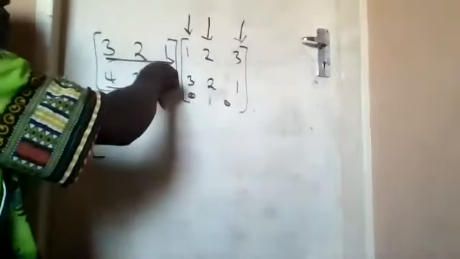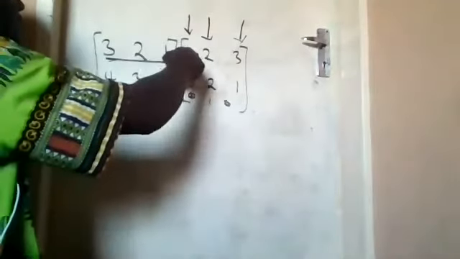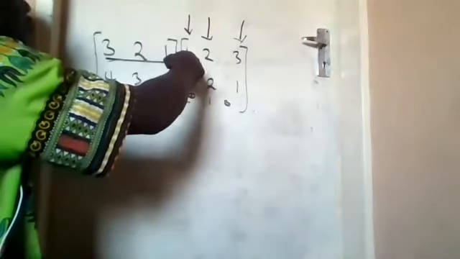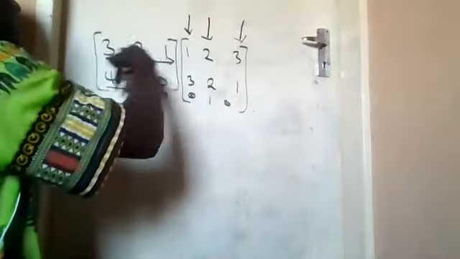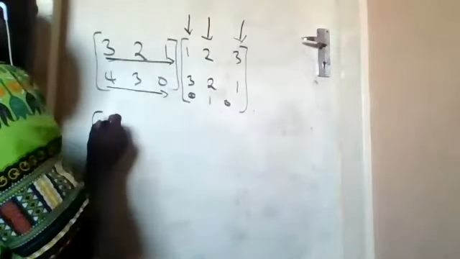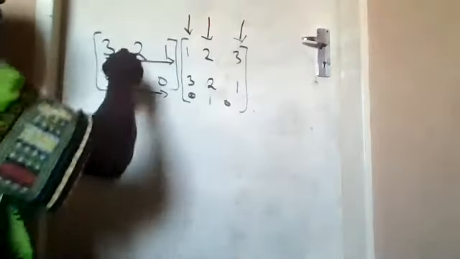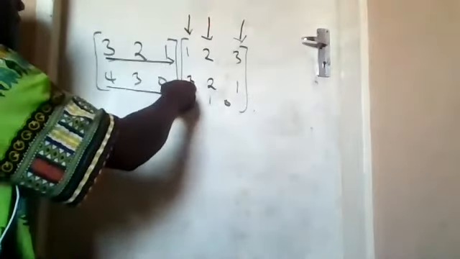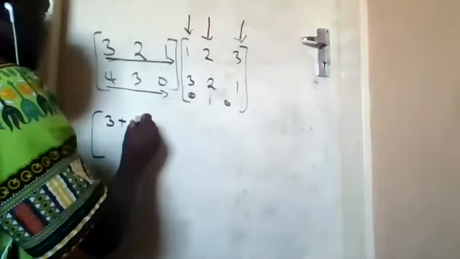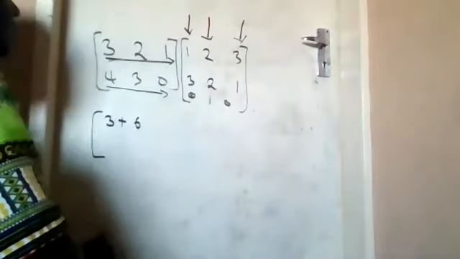So the first row, we have 3 times 1. So what is 3 times 1? 3. Plus 2 times 3, 6.